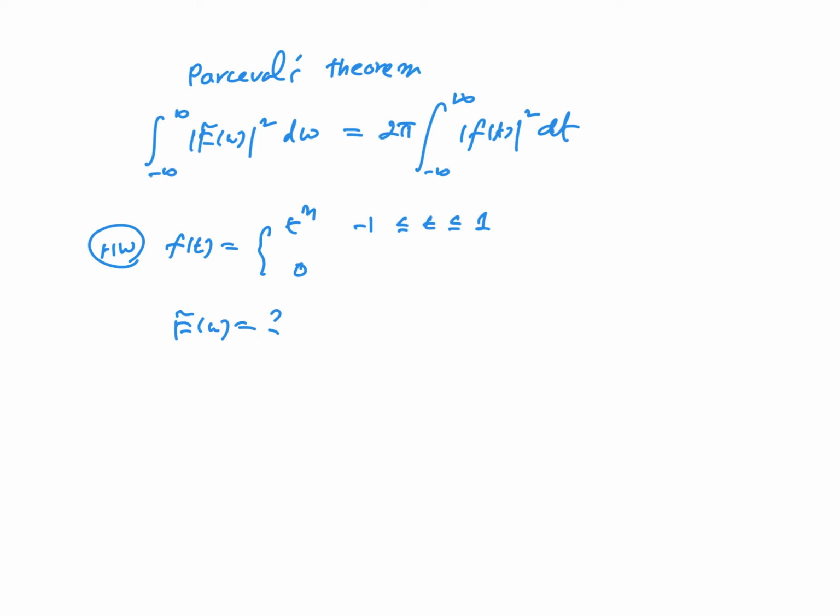Then, using Parseval's theorem, we have the following relation: the integral of the absolute square over d omega is the same as 2 pi times the integral from minus 1 to 1 of t to the 2n dt.